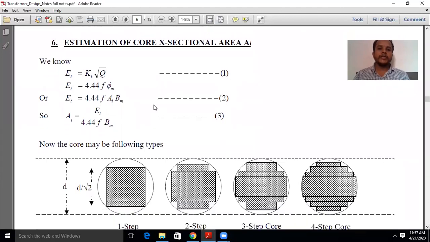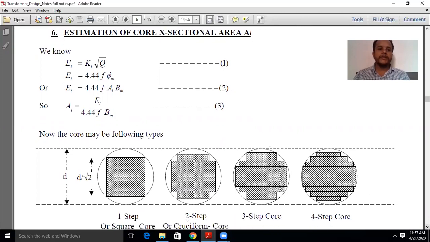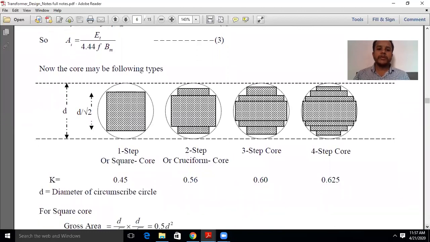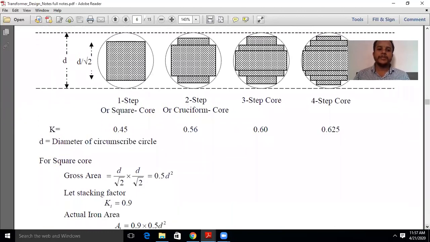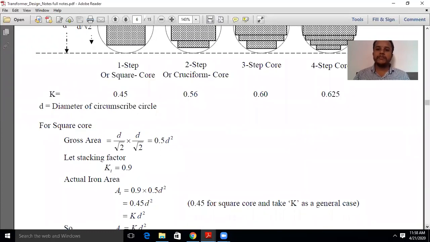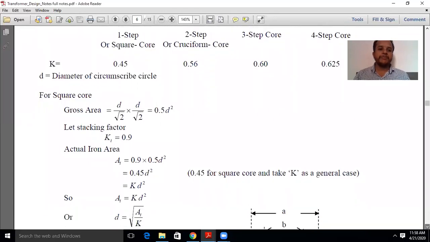Then the estimation of core cross-sectional area, AI. The cross-sectional area is given by ET divided by 4.44 F BM. This is different for different types of cores, so we got different K values: for a single step 0.45, for a 2 step 0.56, for 3 steps 0.60, and for 4 steps 0.625.